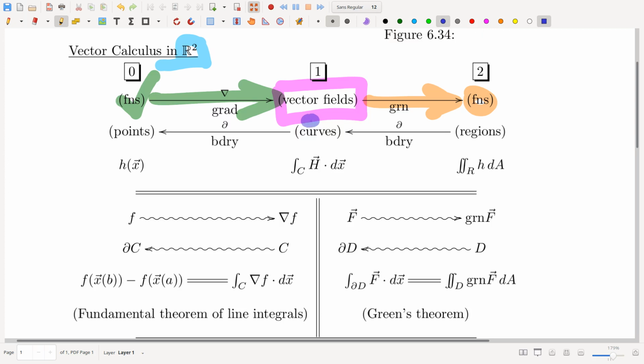And the way I like to represent path independence is that if you have two curves that give you the same boundary points, then you get the same value for the line integral. So this is a little pattern on this diagram.